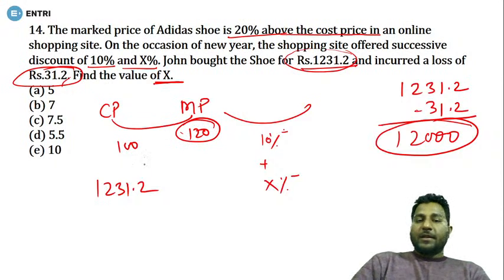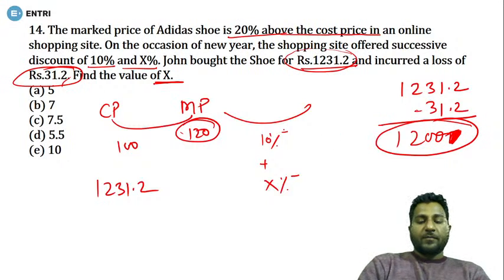All right. Now tell me how you are going to solve this one. Come on, everyone. Cost price must have been, sorry, 1200, not 12,000, 1200.